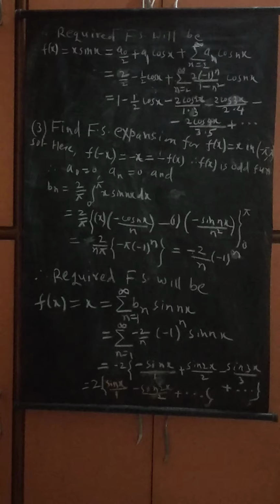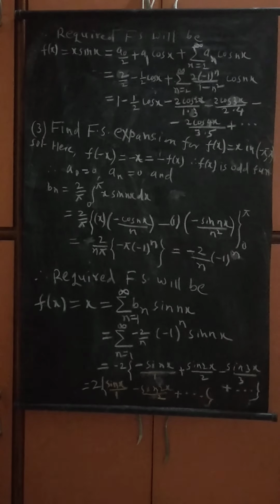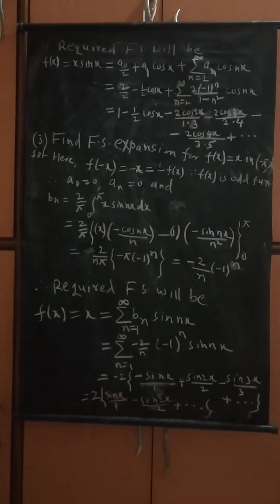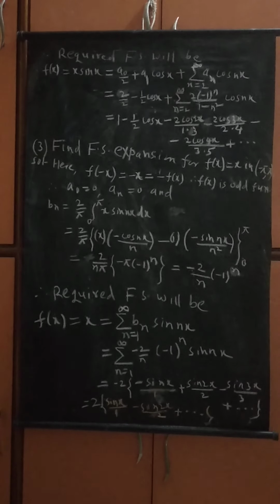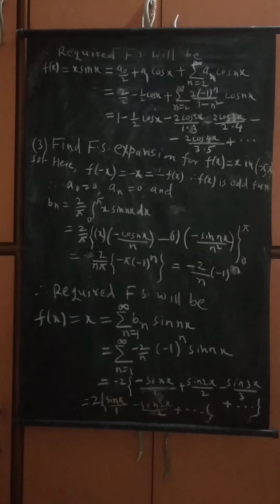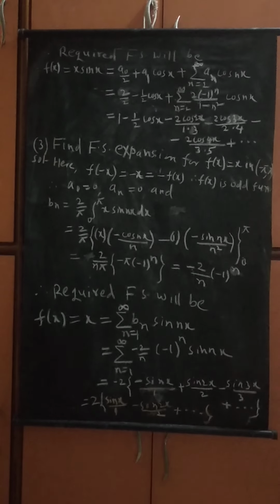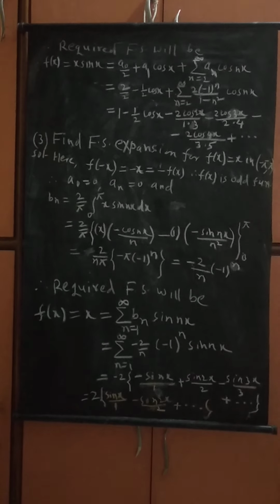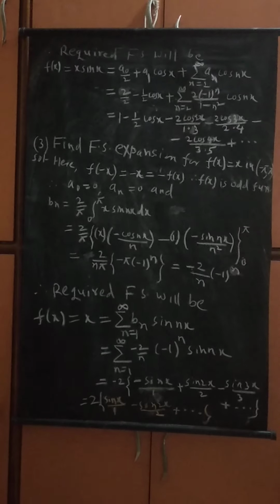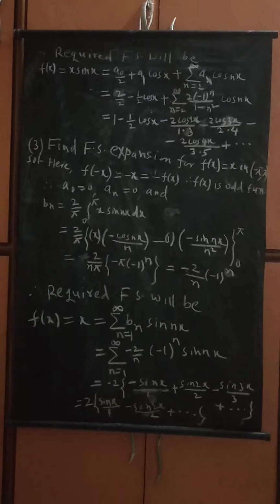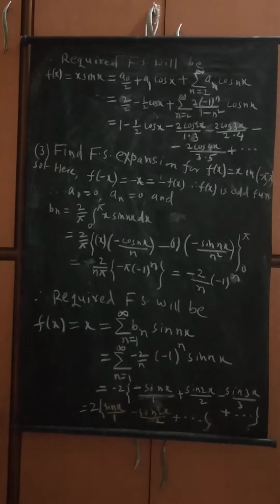By putting the values of n, that is starting value is 2, then 3, then 4, and if we expand this summation, we will finally obtain f(x) = x sin x = 1 minus half cos x minus 2 cos 2x divided by 3. 3 we can write as 1 into 3, minus 2 cos 3x divided by 2 into 4. 8 we can write as 2 into 4, minus 2 cos 4x divided by 3 into 5. 15 we write as 3 into 5, plus and so on.